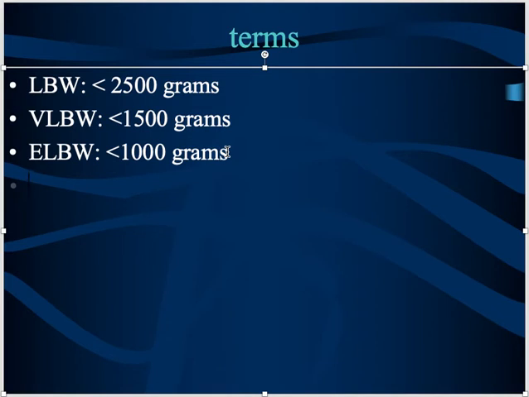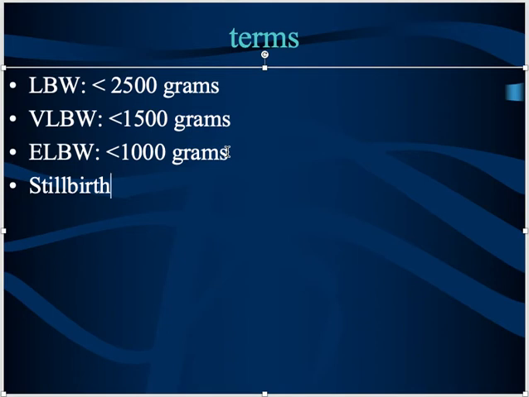Then there is a term called stillbirth. Now, by the way, any fetus who is born after completing 24 weeks inside the mother, in the uterus, is considered a baby.